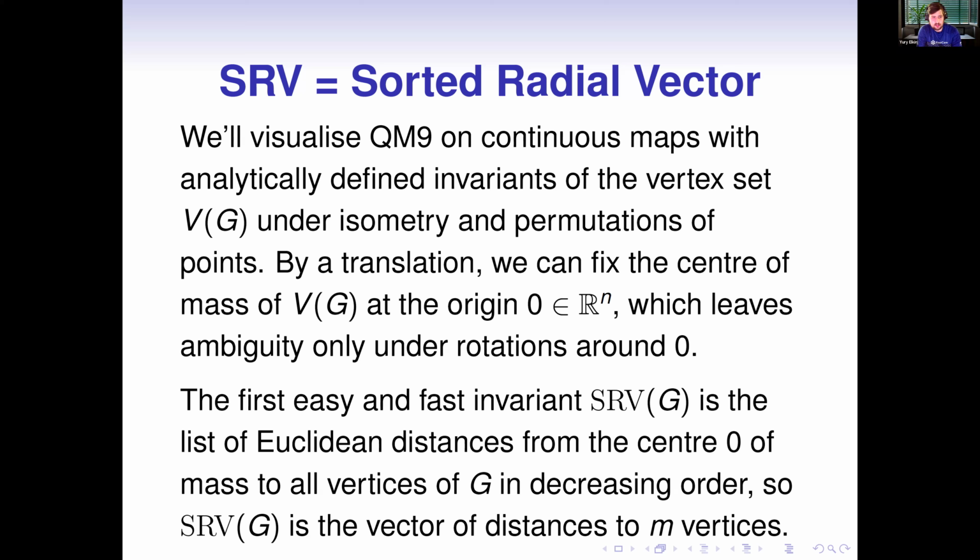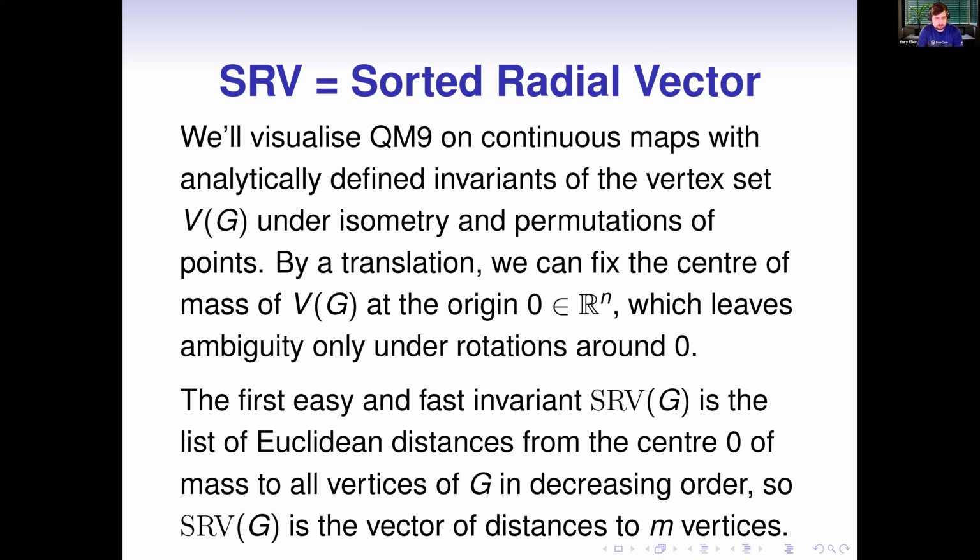So to actually produce a classification, we need to start with some simpler invariants to be able to understand which of the pairs are close. So we start with the simplest invariant. We have a point cloud for the vertex set of a graph.